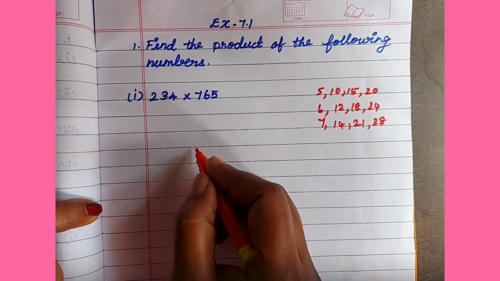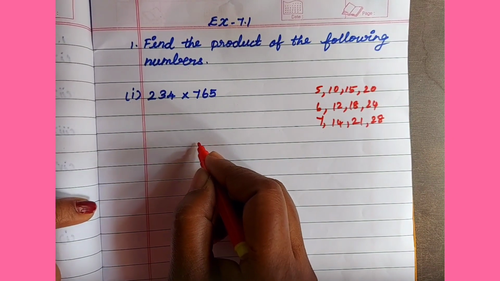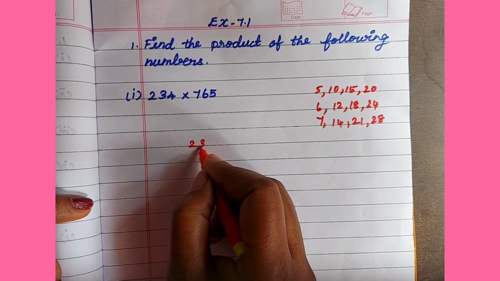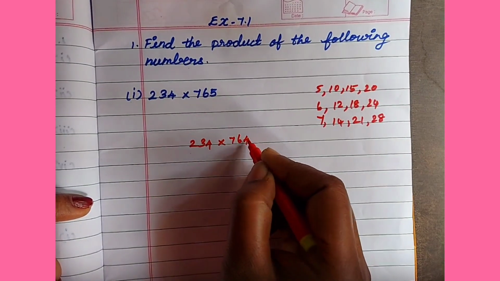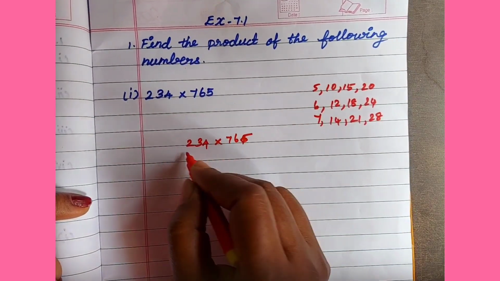Now write the value, 234 into 765. Now multiply.